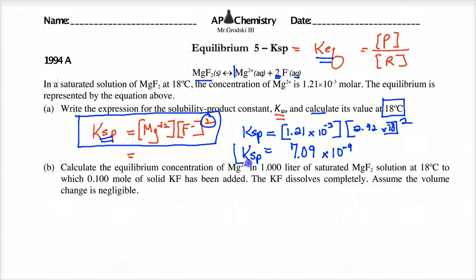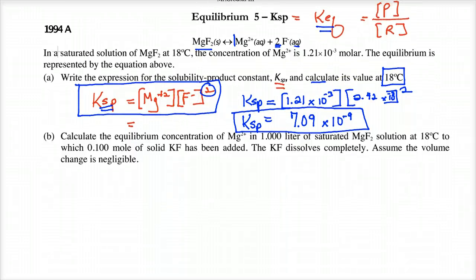So look at that. We got 2 points in this problem. We got the expression and we got the value. Understand this was a 2x. Now you may say, Mr. Grazi, what do you mean by 2x? Well, when we do our equilibrium problems, we look at our Mg2+, and we look at our fluoride ion, 2F, we know that for every one of these Mg2+s, 2 of these are made.